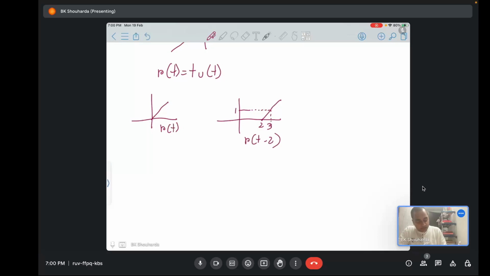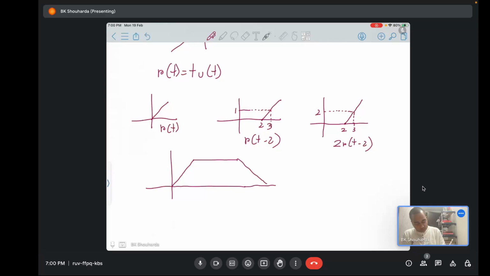And now let's say that the slope has increased. How has the slope increased? From 1 to 2. That means if this is 2, this is 3, this value turns out to be 2. So it becomes 2r(t minus 2). Okay. Let's say I see some interesting case where there is a ramp starting and suddenly it becomes flat and it goes down.